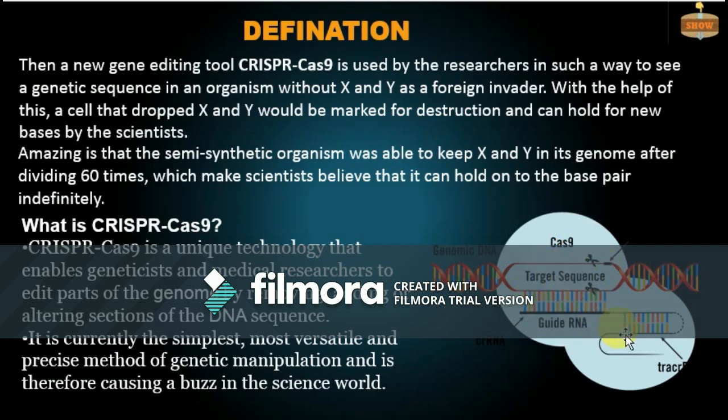So if you want to know this DNA, you can do this. It is currently the simplest, most versatile and precise method of genetic manipulation, and is therefore causing a buzz in the science world.